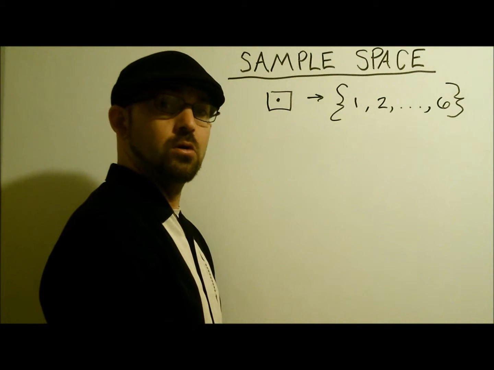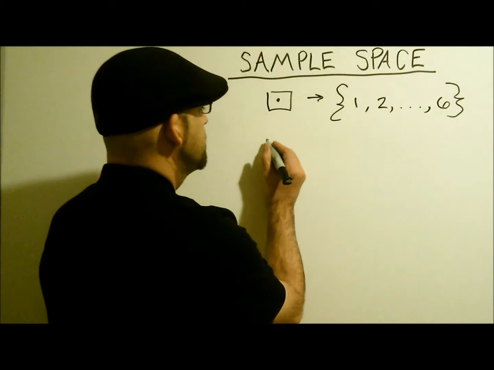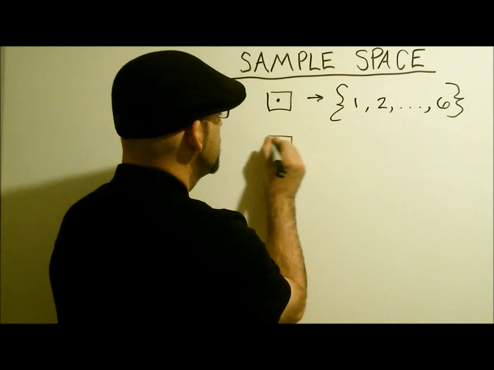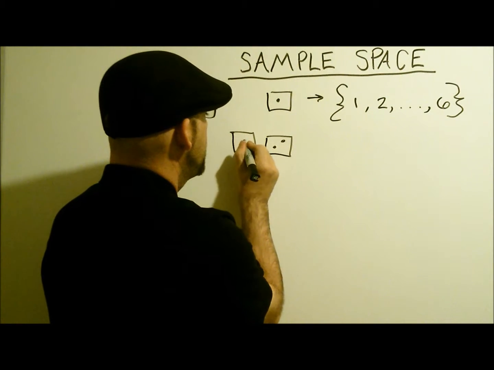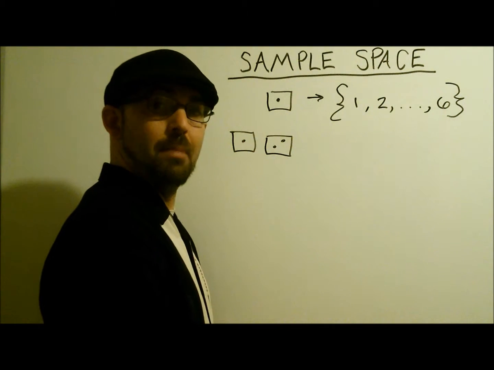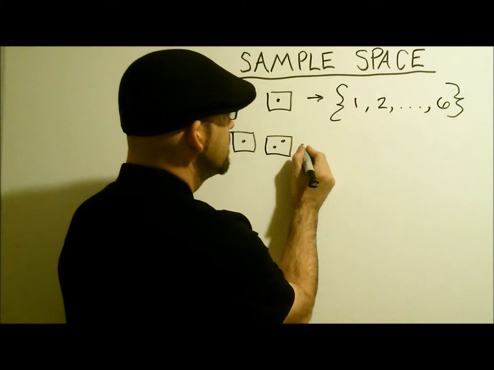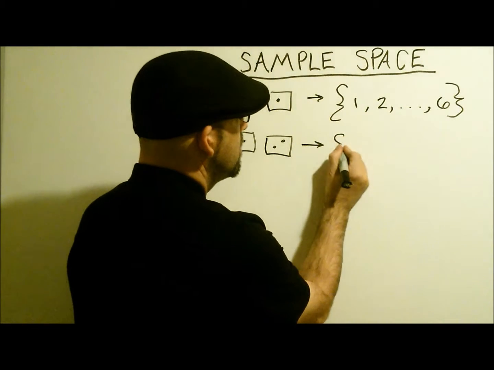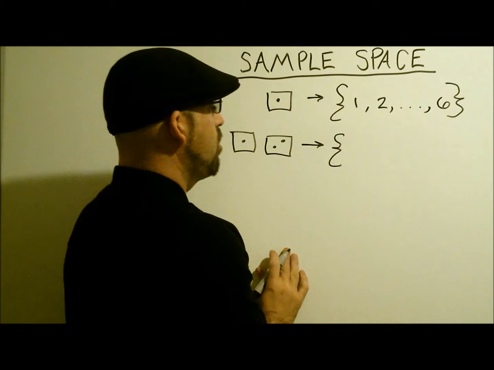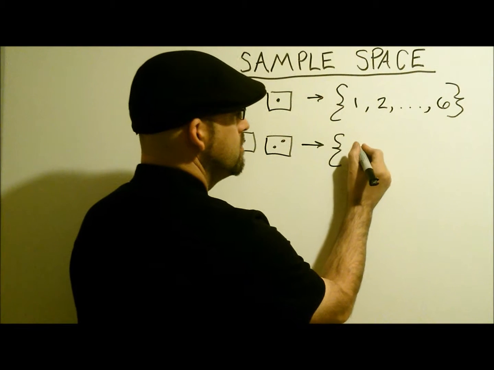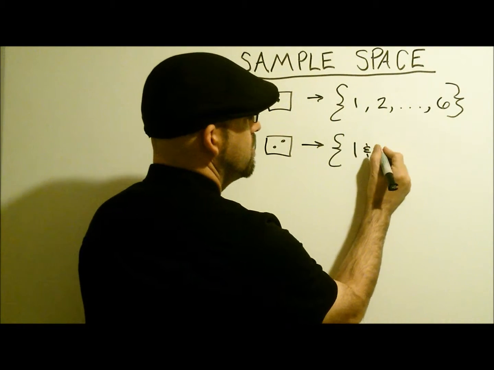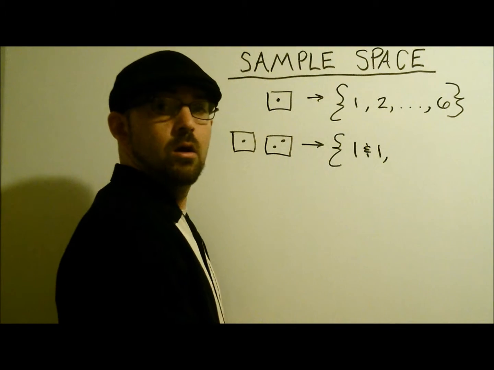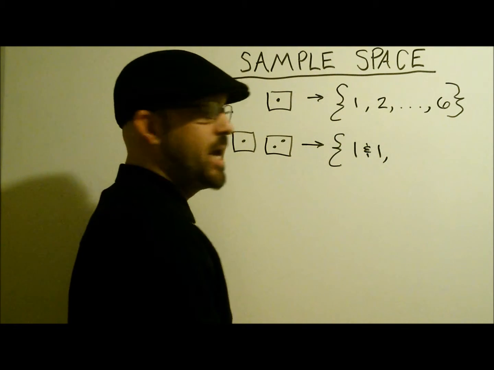What happens if we roll 2 dice? What happens then? Well, we could roll a 1 and a 1. We can roll a 1 and a 2.